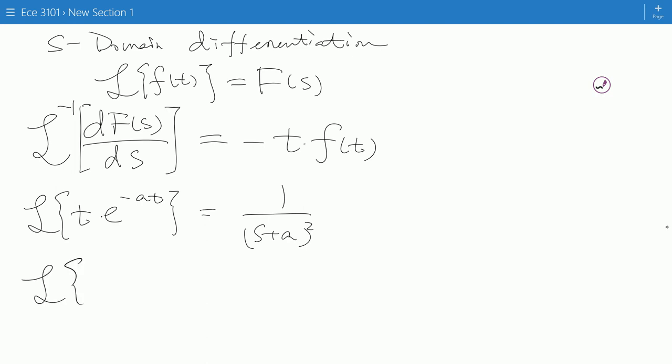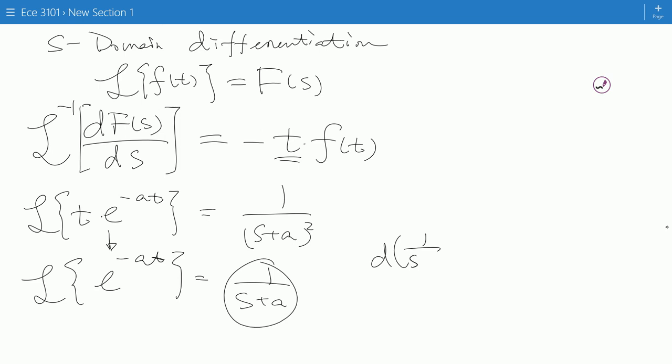What we do know is if we take the Laplace transform of a simple function e to the power negative at, it's pretty clear it's 1 over s plus a. Now, since the difference from this guy to this guy is we multiply t in front of it, the relation between these two should be related by the differentiation in S-domain. So we should take the derivative of this guy with respect to s.